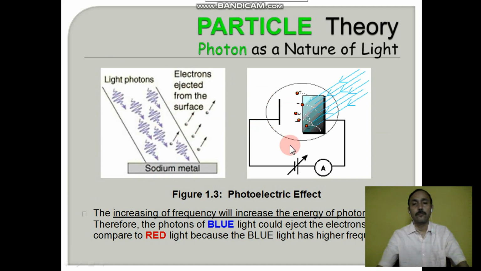This is the circuitry for this one. We will discuss it in detail in the video lecture of photoelectric effect. The increasing of frequency will increase the energy of photon. Therefore, the photons of blue light could eject the electrons compared to red light because the blue light has higher frequency.